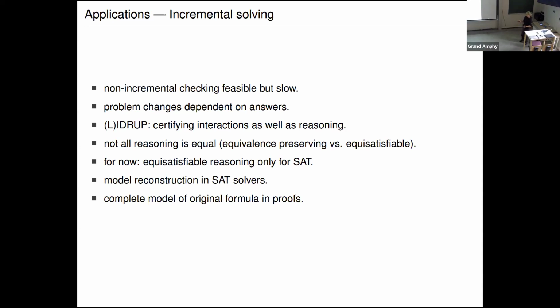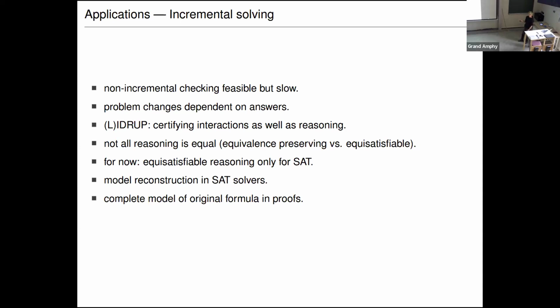After you've solved your formula, it's always possible to take the final formula and prove it non-incrementally. This is always feasible, but it's slow, especially if you also want to verify intermediate steps.